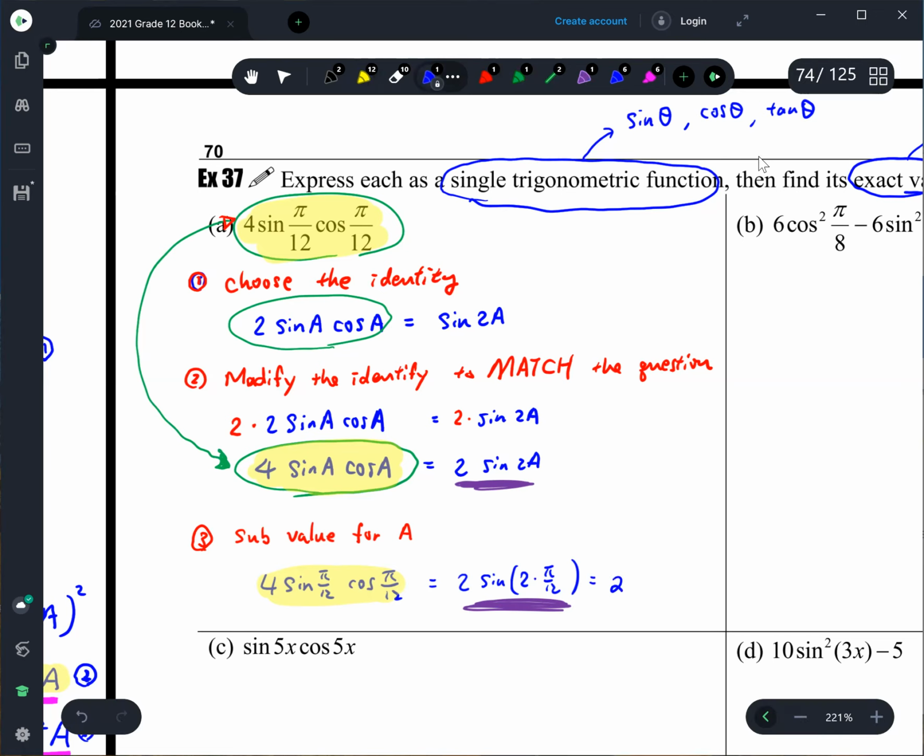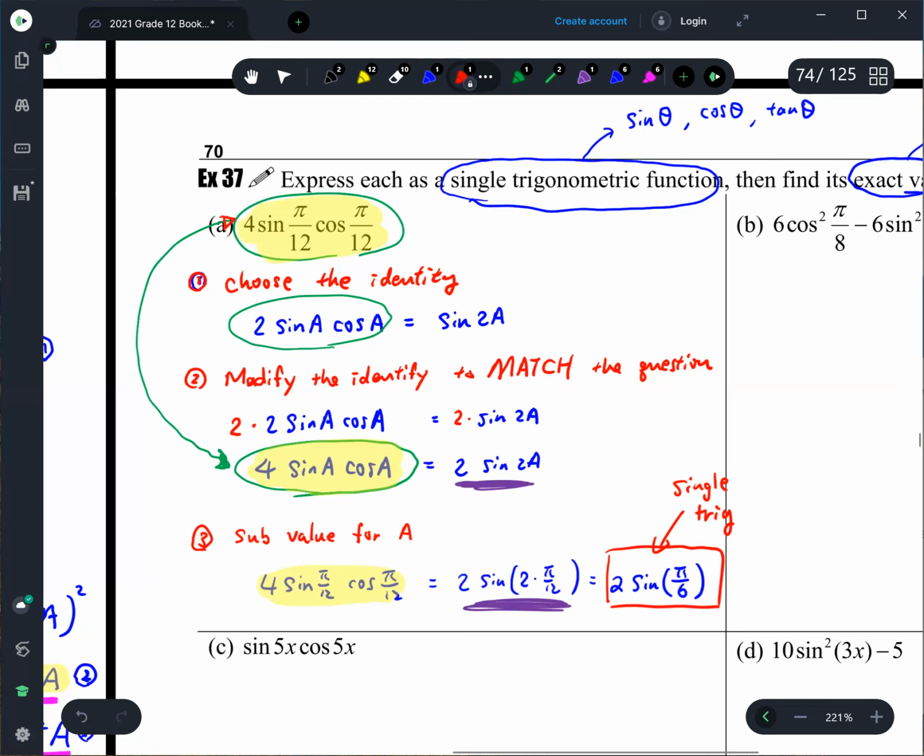To simplify that, 2 sine of pi over 6, because 2 times pi over 12 is pi over 6. So that is the answer we want to have. This is called single trig. You only have sine now.